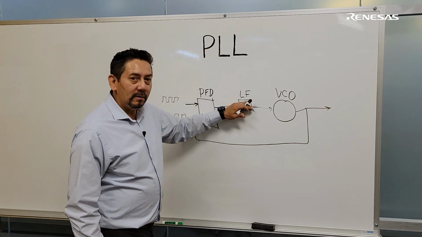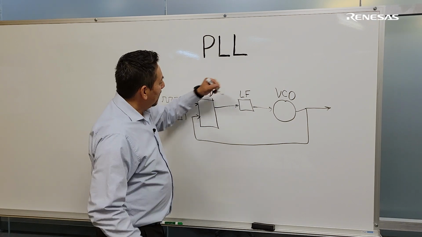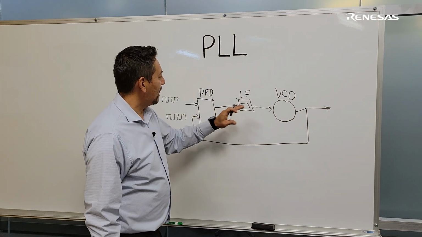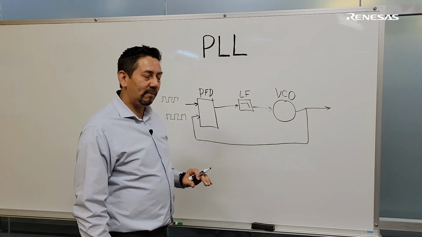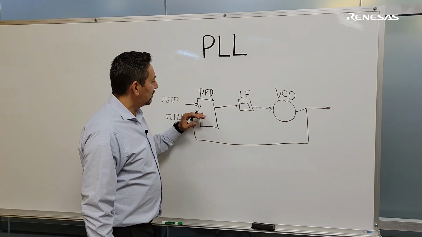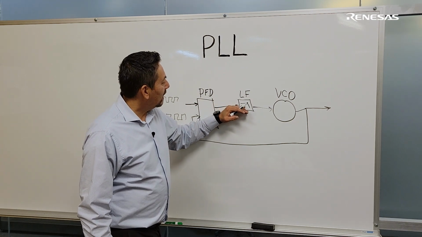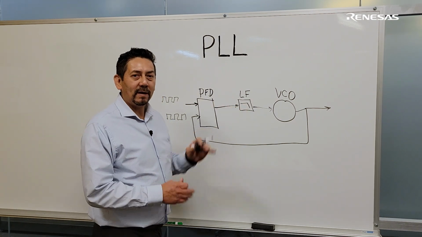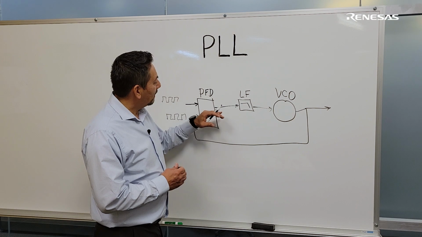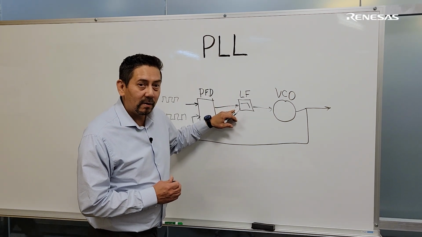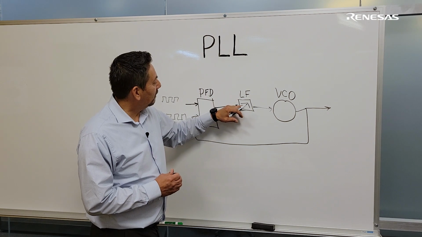Now, the job of the loop filter is to reject high frequency noise or high frequency information. So it's a low pass filter. The phase detector is updating at a very fast rate, but the loop filter is rejecting all the high frequency information. Now this phase detector could be sending either a digital word or voltage to the loop filter.